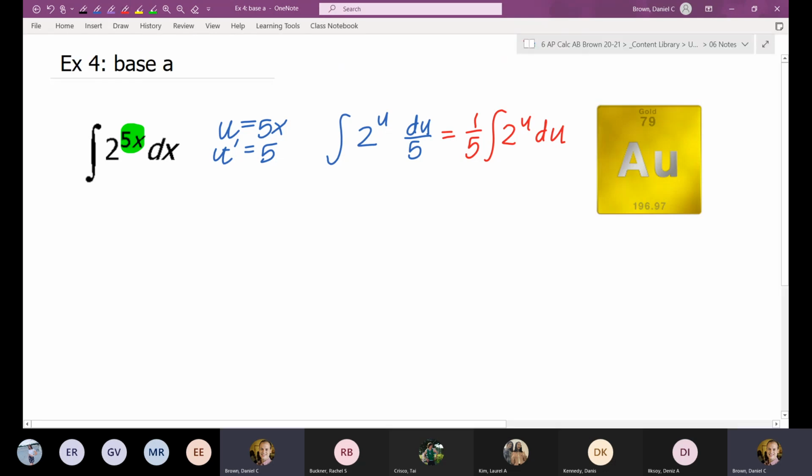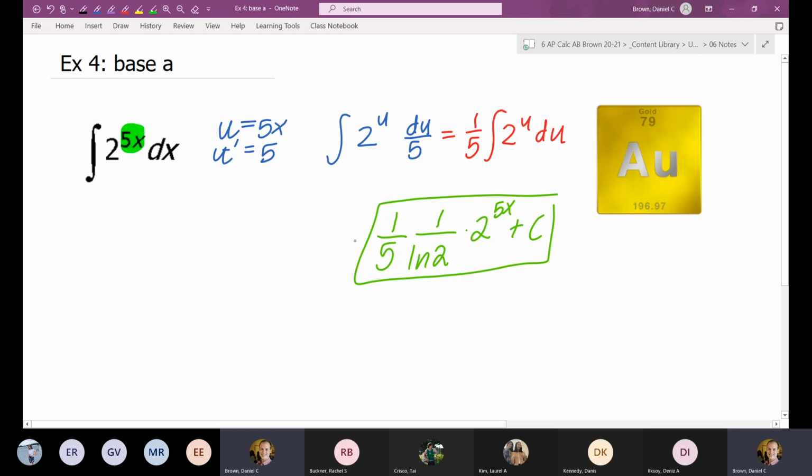You should have gotten, so we had the 1/5 carry over. The base was 2, so I have 1 over the natural log of 2 times exactly what you see, 2 to the u, which was 2 to the 5x, and then don't forget your plus c. Many of you could probably have jumped to that from the original question without those middle steps, which is fine.